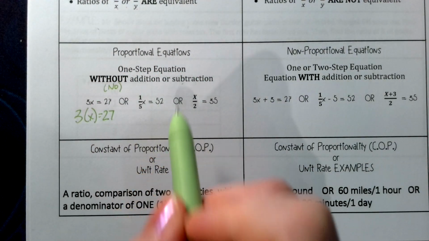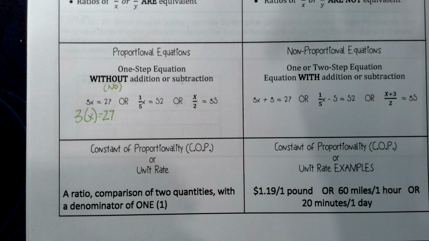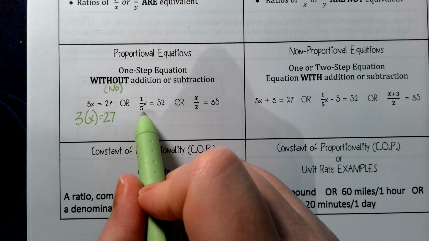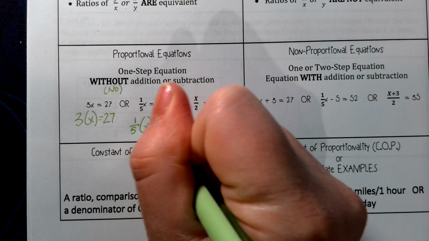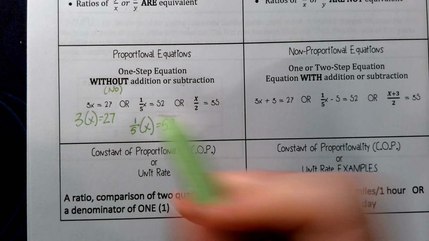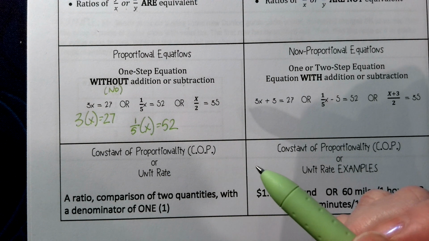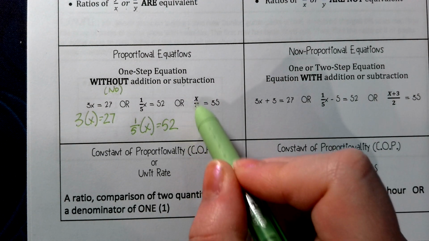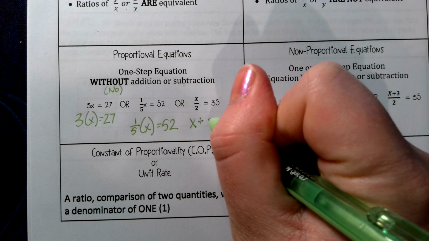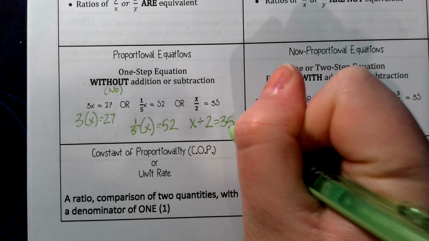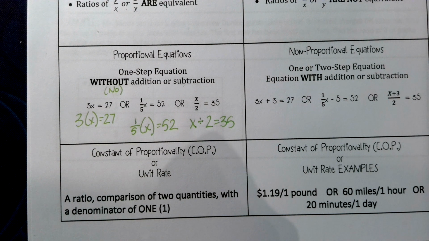There is no addition or subtraction, so it's proportional. This next one, I have 1/5 times x is equal to 52. Again, no addition or subtraction. This one, when they're on top and bottom, means divide. So this is x divided by 2 equals 35. Again, no addition or subtraction.